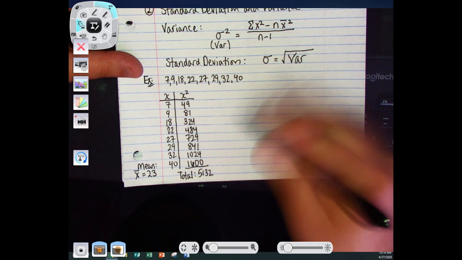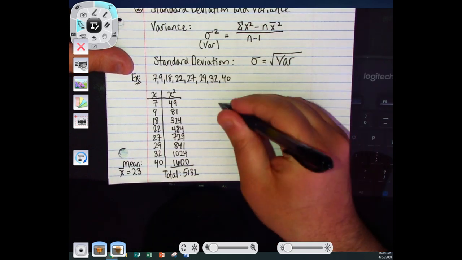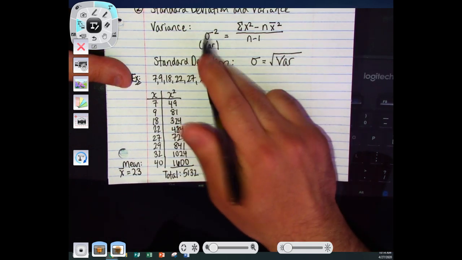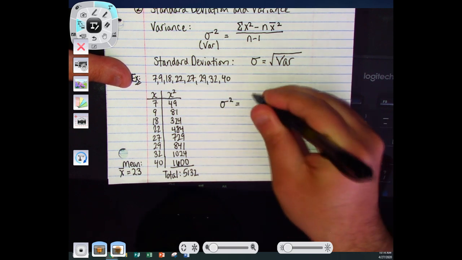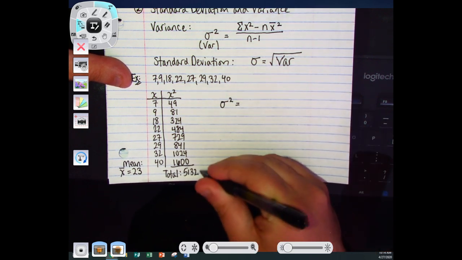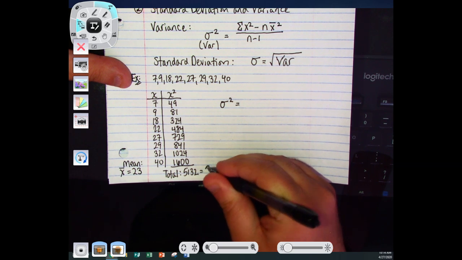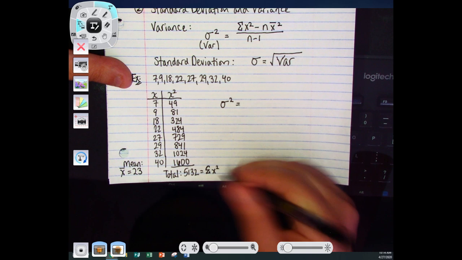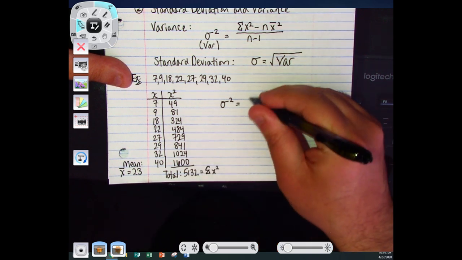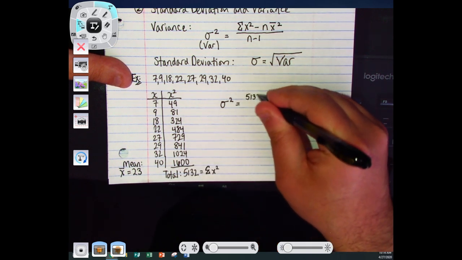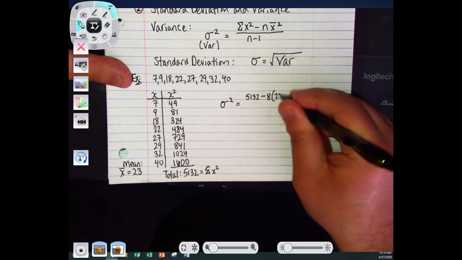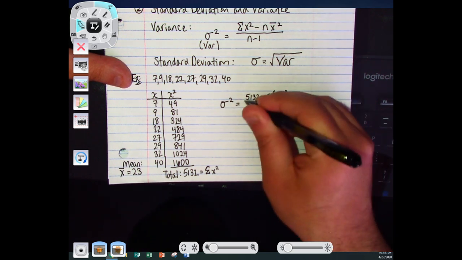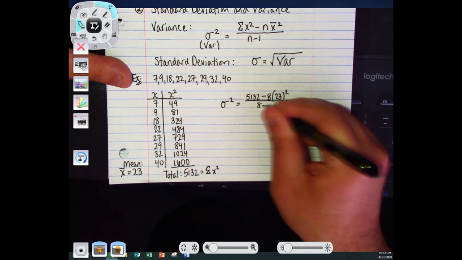To calculate standard deviation, we have to calculate variance first. So we start with sigma squared. Well, we know that this is the summation of all the x values squared. So this would be 5132 minus 8 times 23 squared over 8 minus 1.